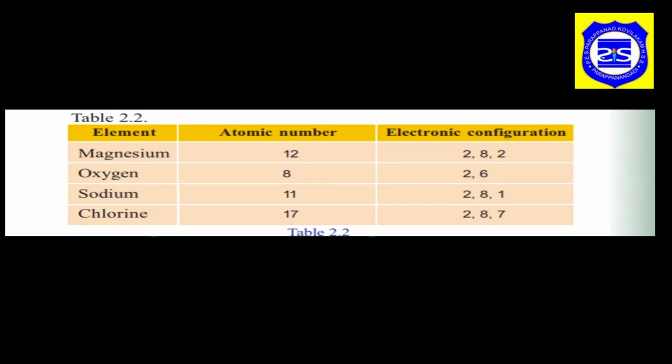These elements do not contain 8 electrons, so they can't get stability. So, you have to write no, the outermost shell does not have 8 electrons. Then the second question: if not, how do they get stability? How do they get stability?